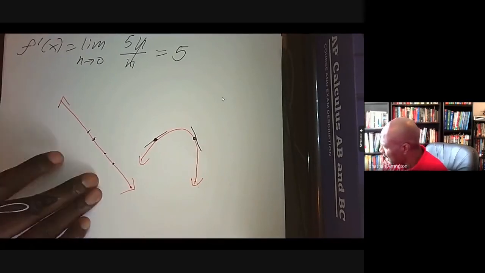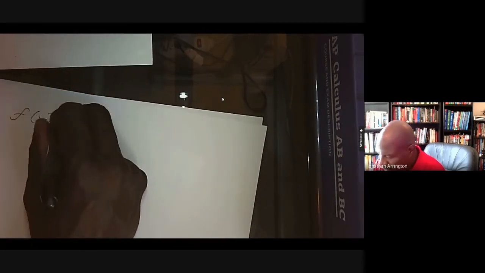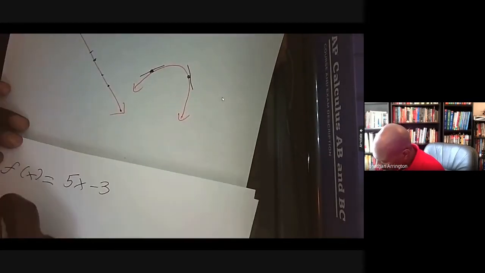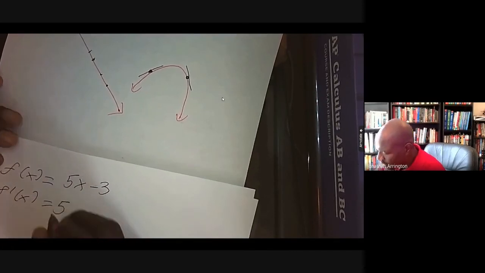So before I end this, I just want to remind myself of all the answers I got for each problem. So I'll write this one down. In this case, f of x was 5x minus 3, and its derivative was 5.